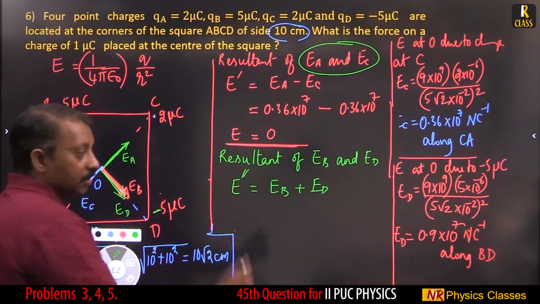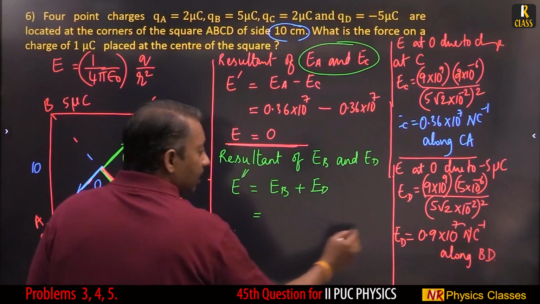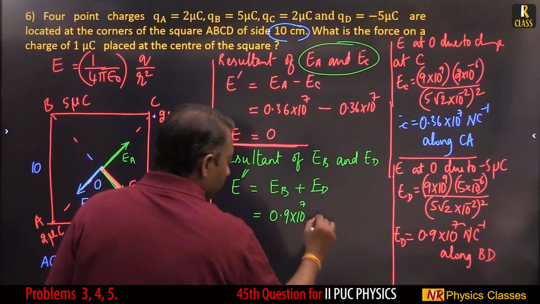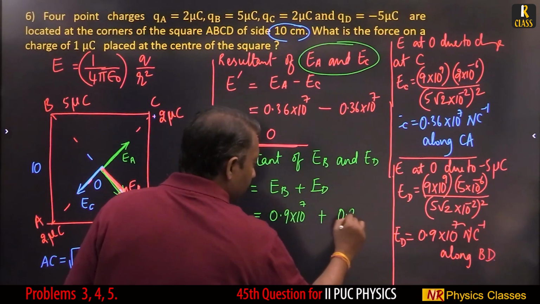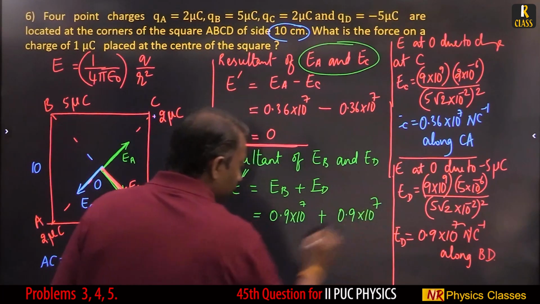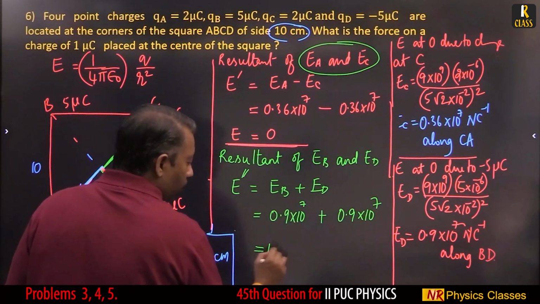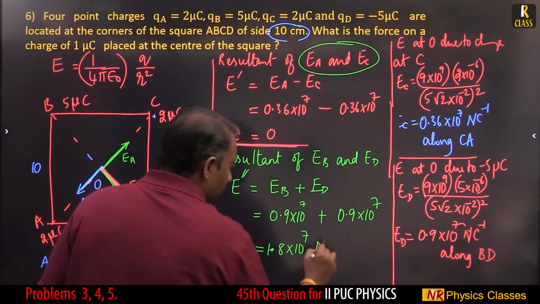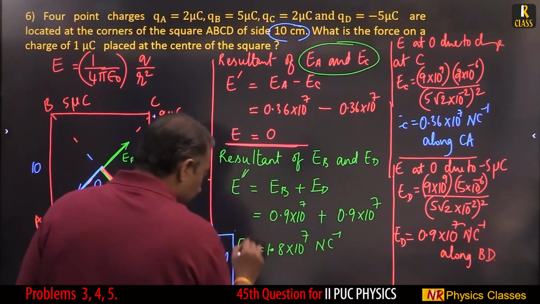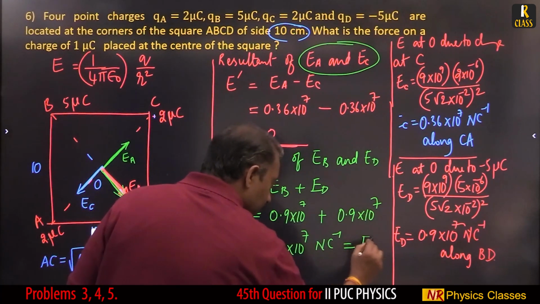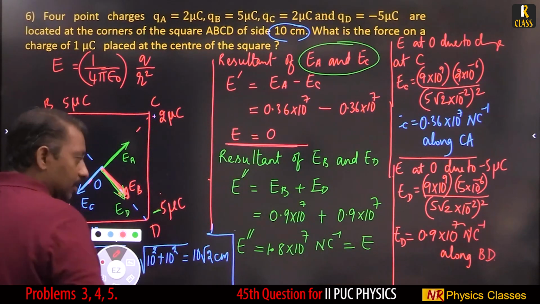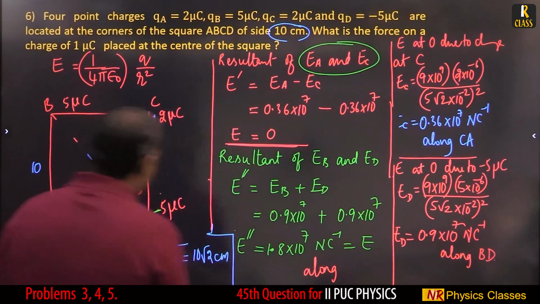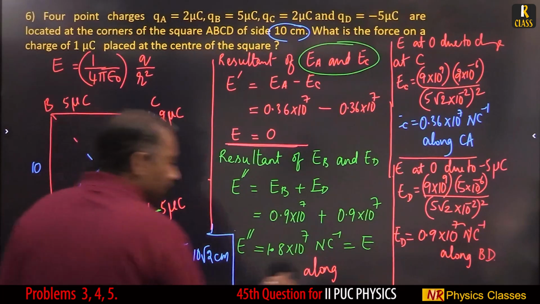They are in the same direction. EB is 0.9 × 10^7 plus 0.9 × 10^7. This is 1.8 × 10^7 Newton per coulomb, and this E double dash is the resultant electric field, and the direction of this electric field is along OD.